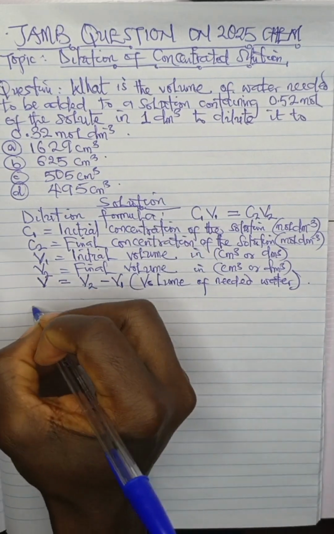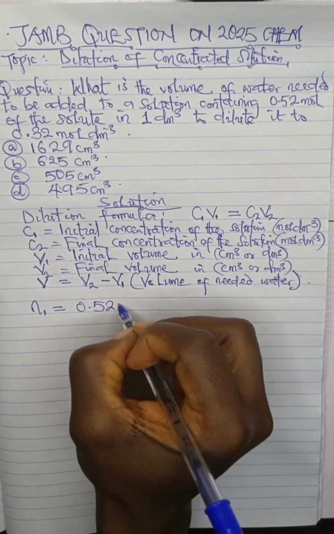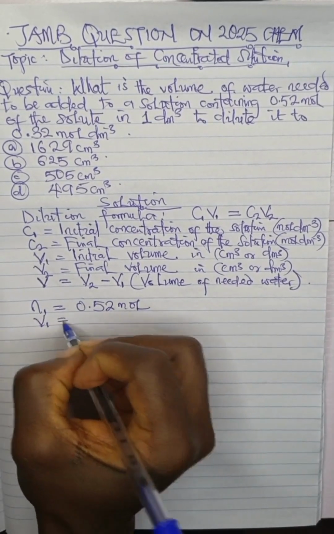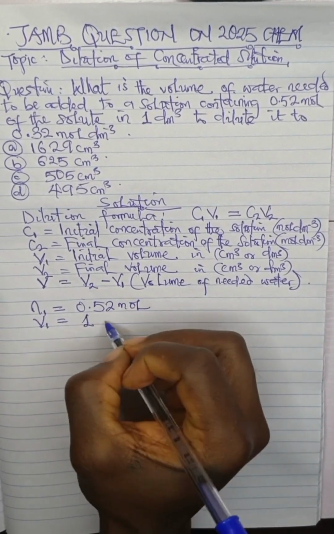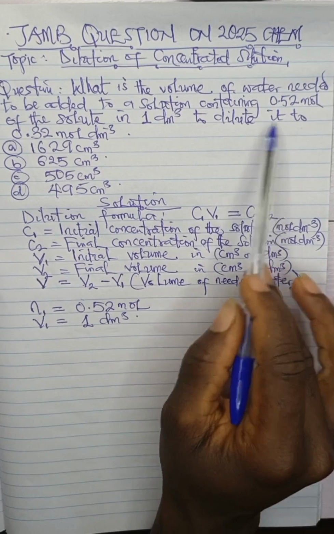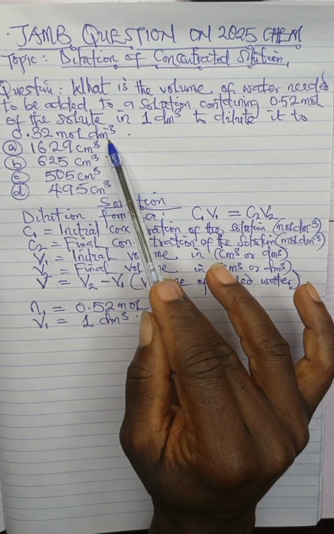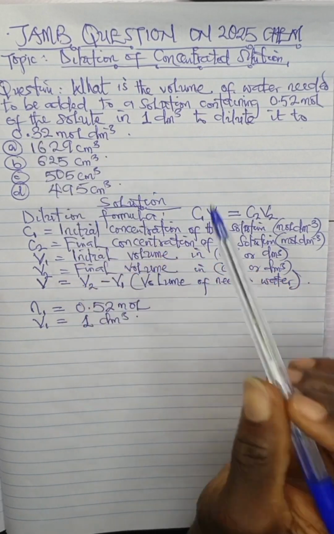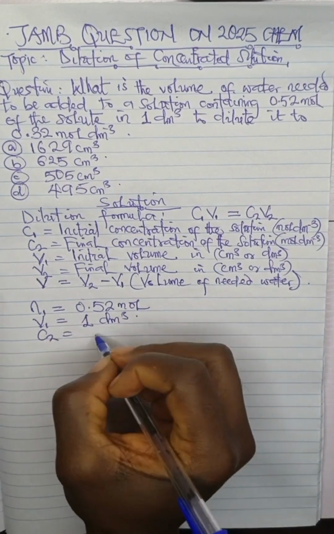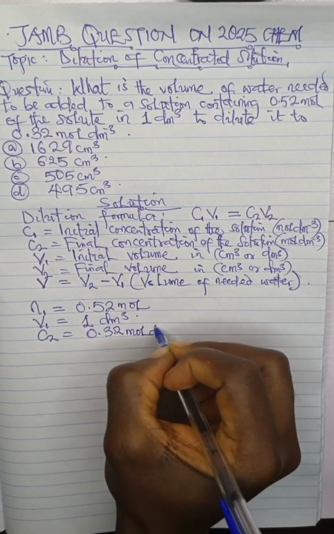So we have Na1 equal to 0.52 mole, then V1 equal to 1 dm cube. Then to dilute it to 0.32 mole per dm cube, we have the final concentration C2 at 0.32 mole per dm cube.